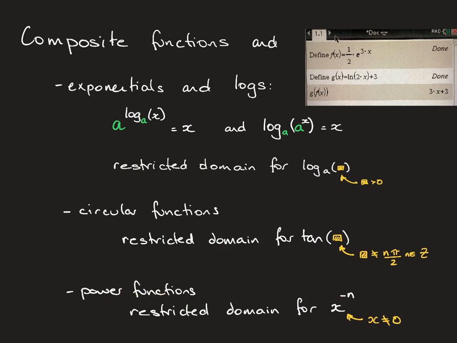If you've got a negative power, then that implies that you're going to have a restricted domain as well. And that restricted domain is that x can't be equal to 0, because for your function x to the power of negative n, it is in fact 1 over x to the n, and you can't have the denominator of your fraction being 0.